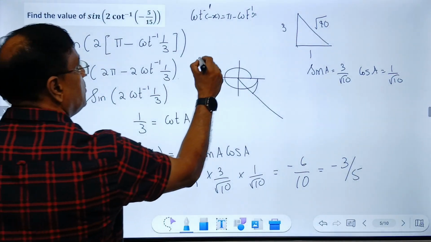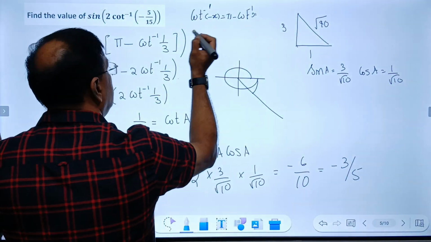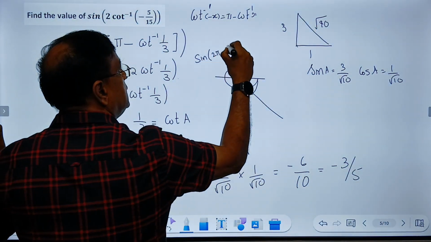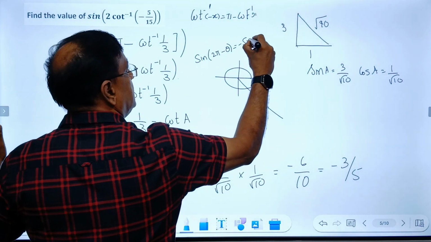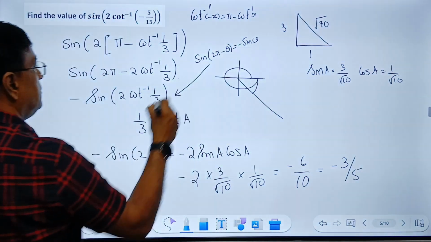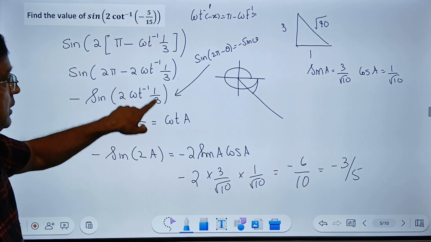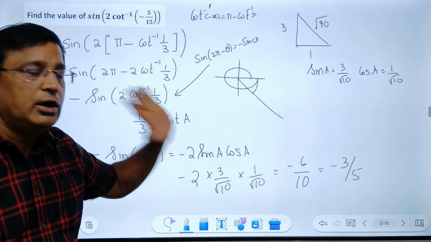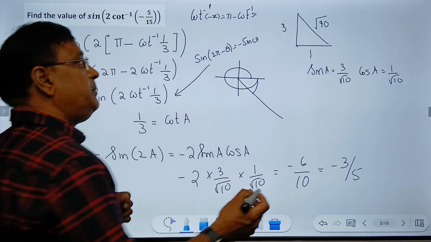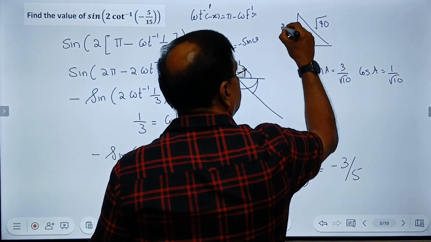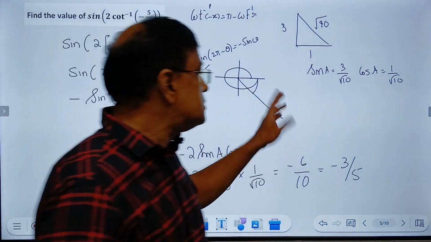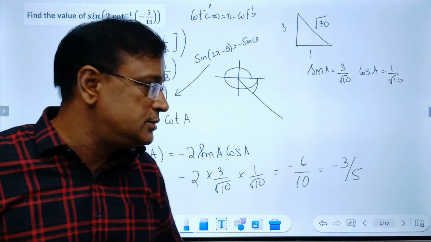Then I use this formula: sine of 360 minus theta is minus sine theta. I use that formula here. Then I put 1 by 3 as cot A and I use the sine 2A formula, and using the triangle I got this. Generally people say you should write k, 1k, 3k. I am ignoring it. It doesn't matter. Because it's a ratio, the k will get cancelled.